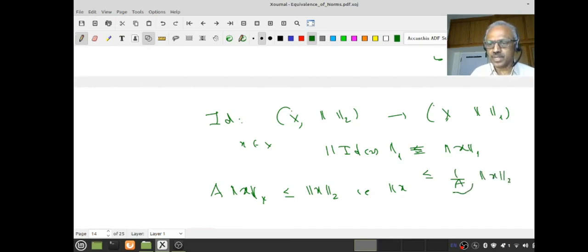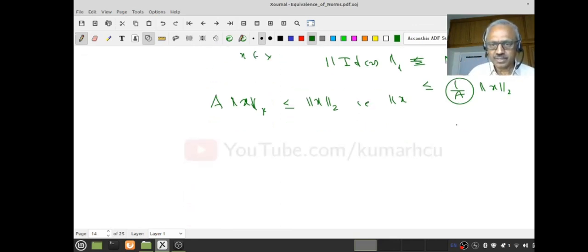This is your constant, right? Therefore the identity map from X with the second norm to X with the first norm is also continuous.